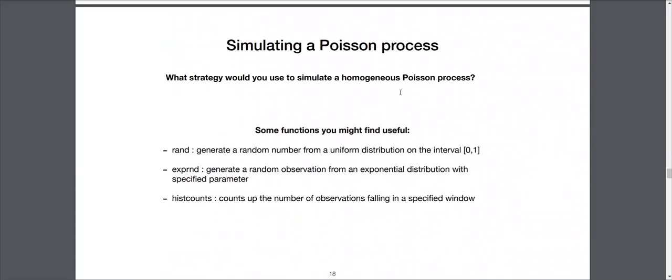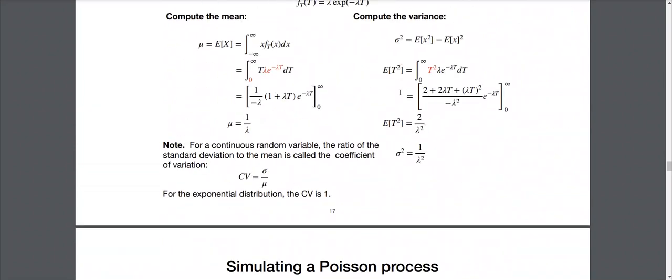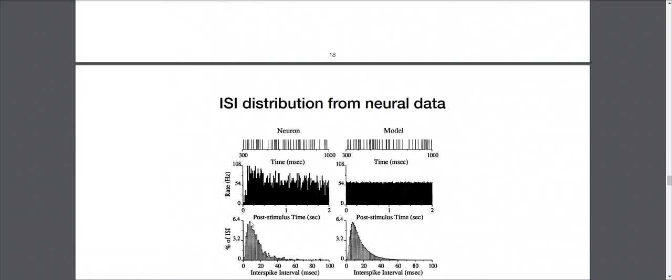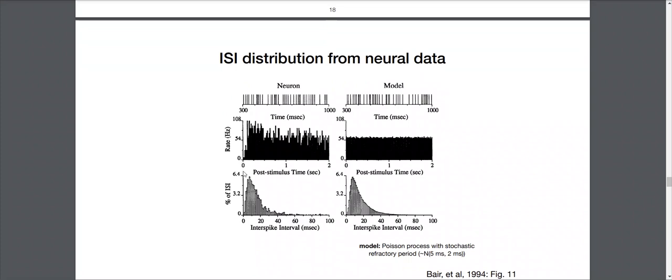But in real life, it's not really like that. If it was a pure negative exponential function, it would look like that. But at the beginning, there's a decreased probability, which makes sense because a neuron doesn't fire right after each firing, so we have a refractory period, and that is accounted for in this actual data.